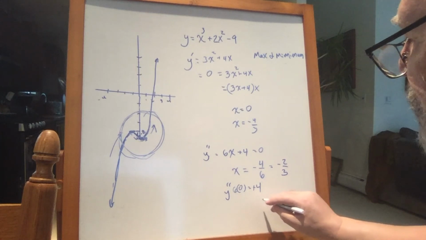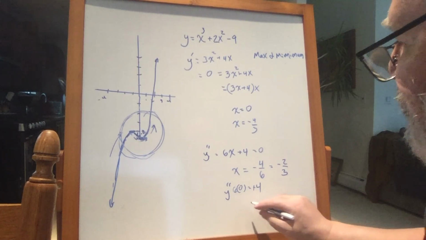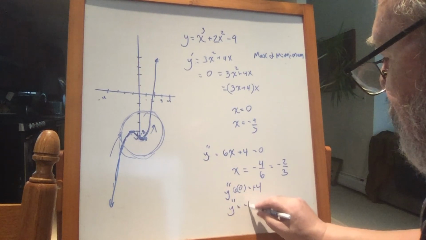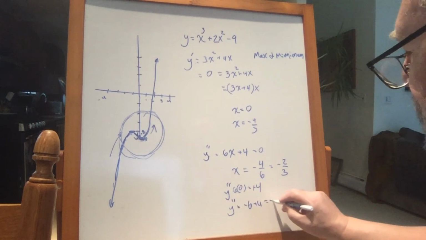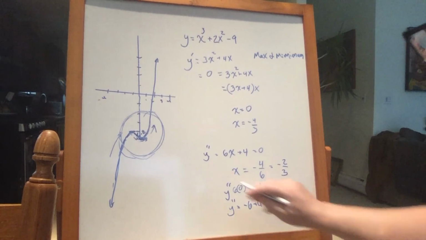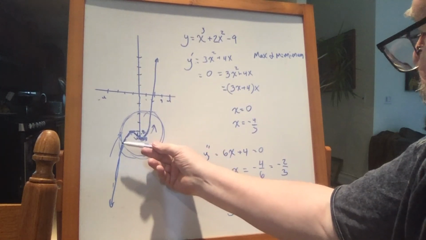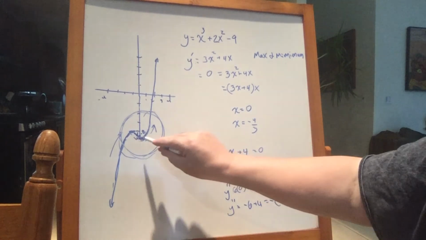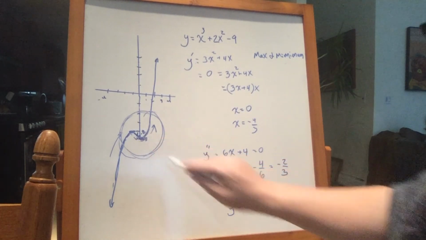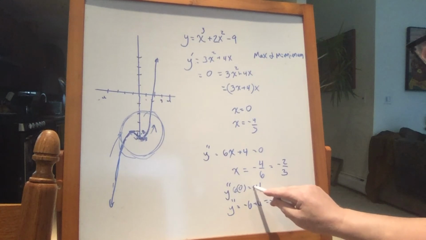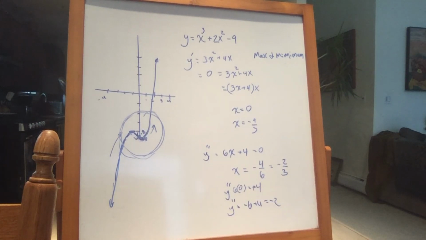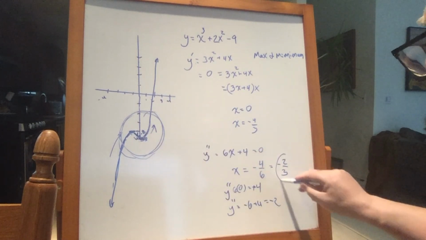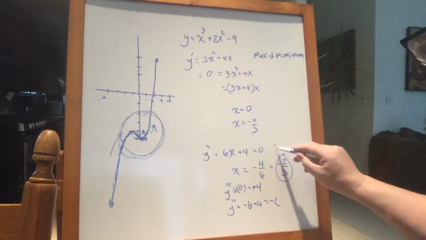If we chose -1, we have y double prime equals -6 plus 4, which is -2. So on this side of minus 2/3, we see that the values are negative. On this side of minus 2/3, the values are positive. And that tells us that at minus 2/3, we have an inflection point.